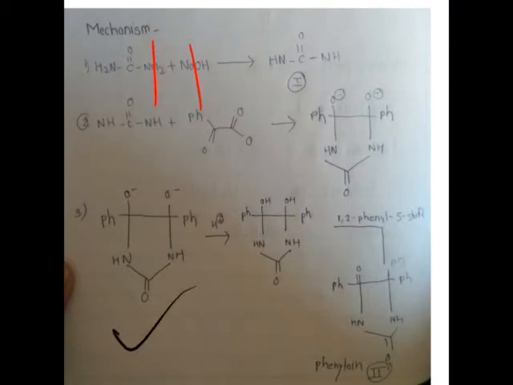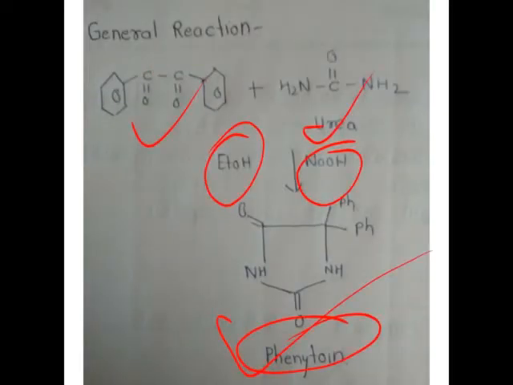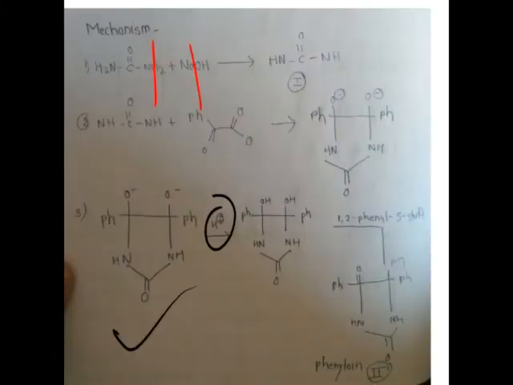Third step, in the presence of H plus ions. Here we are adding ethanol as well as NaOH, and we are adding water, which provides the H plus ions. These H plus ions react with this intermediate.